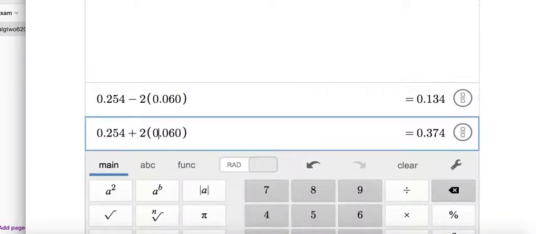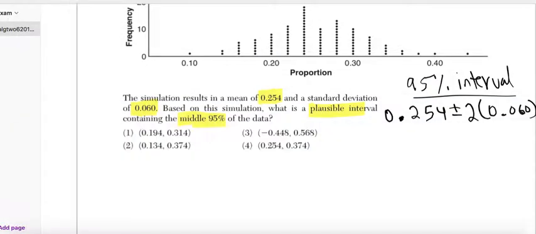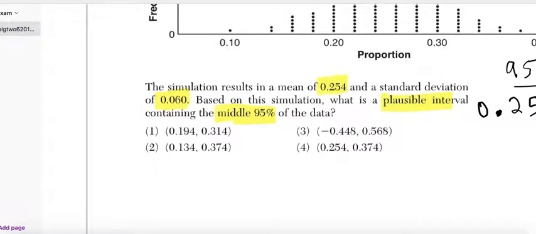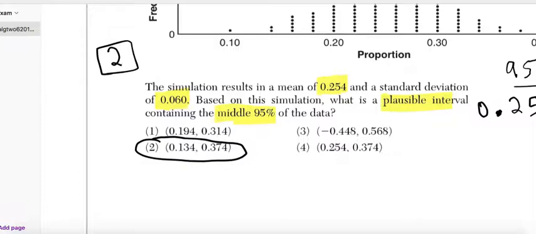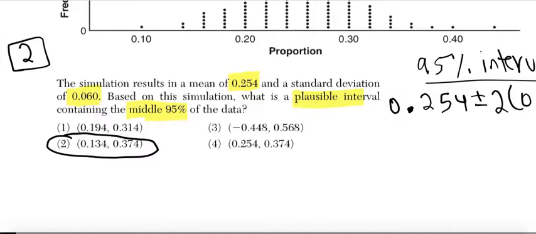So the lowest value is 13.4% or 0.134, and the highest is 37.4% or 0.374. So 0.134 to 0.374. That is choice 2. So this is just knowing about normal distributions and the 95% confidence interval being within 2 standard deviations of the mean.